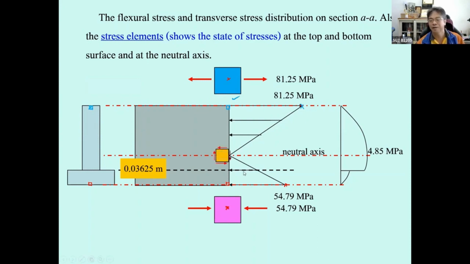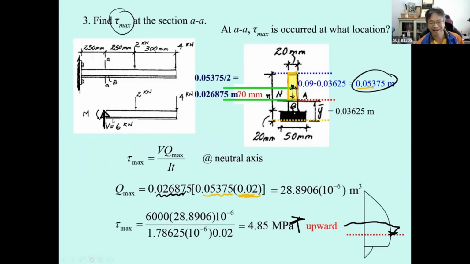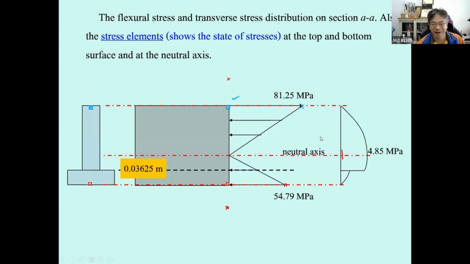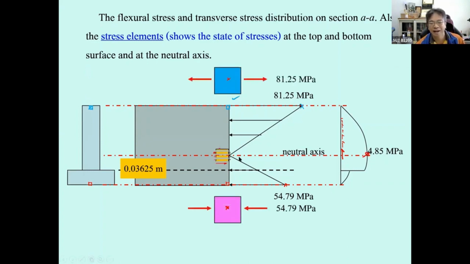How about the middle? Over here we have the upward stress distribution. I'm going to change this one. The maximum is at the neutral axis. So over here, for the stress distribution, I have to change it a little bit.